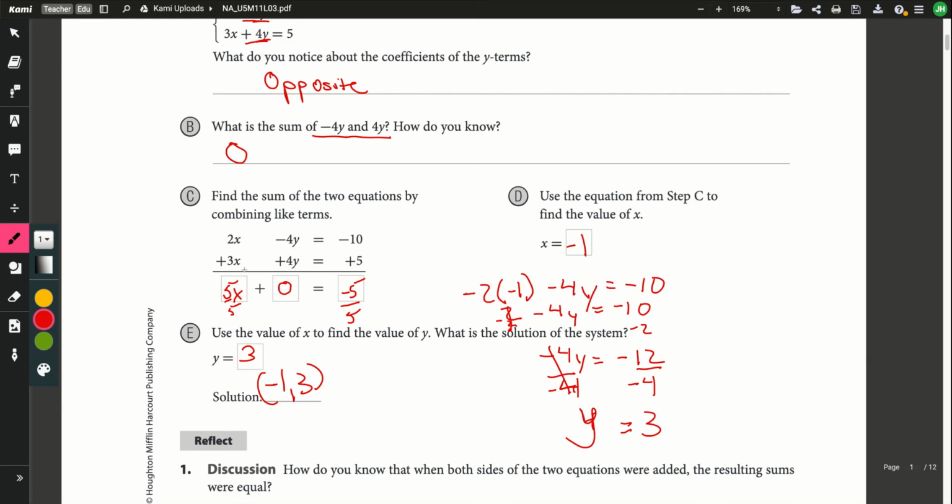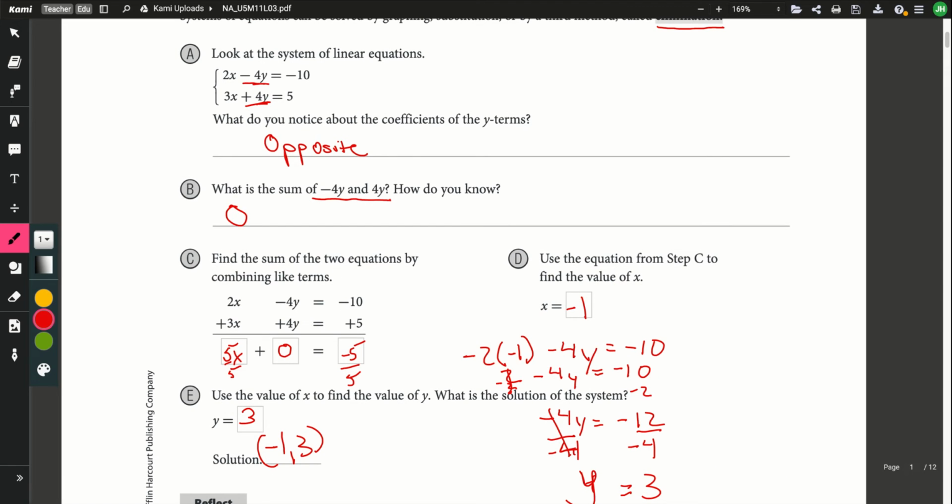x equals negative 1, right? 2 times negative 1 is negative 2, minus 4y equals negative 10. Huh. I see what I did wrong. I have a negative 2 right here.